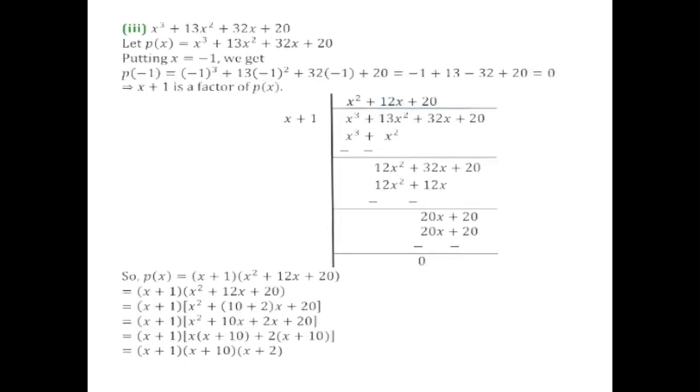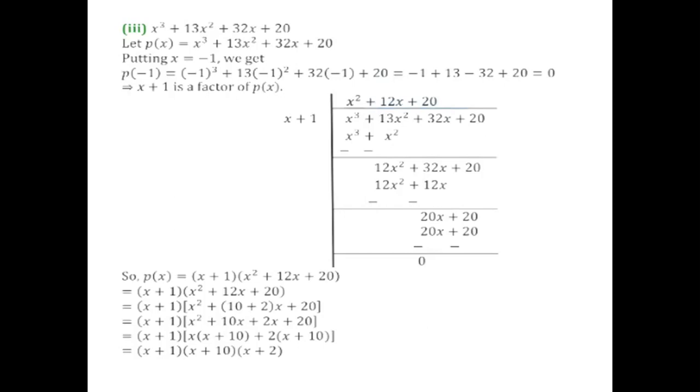The question number 3 is x cubed plus 13x squared plus 32x plus 20. The method remains the same, finding the factors of 20. So what are the factors of 20? 1, 2, 4, 5, 10 and 20 itself.